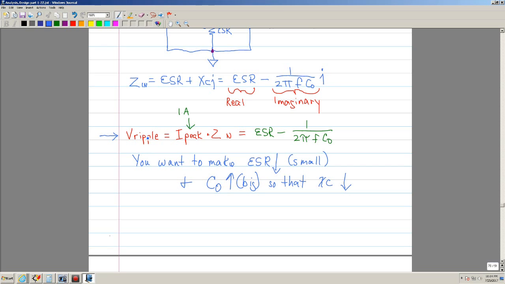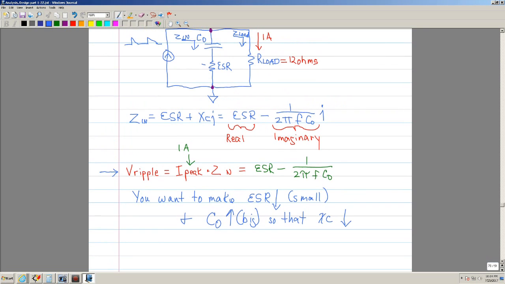If it's designed properly, the ripple is going to be dependent on this AC or the I peak, which in this case you can think of as the IAC, multiplied by the impedance combination of the ESR and the capacitor.